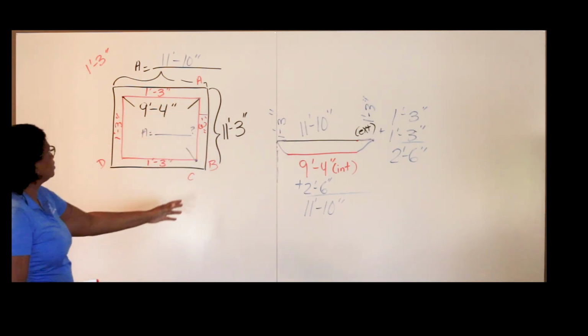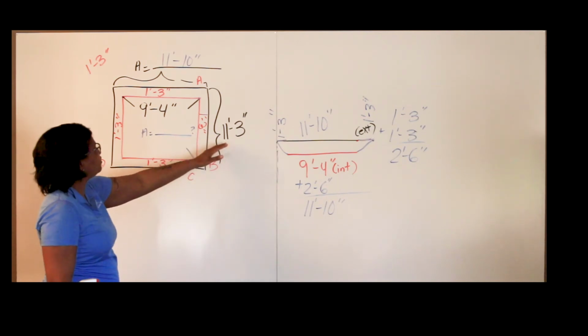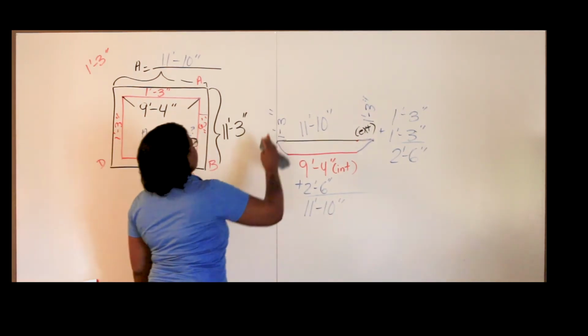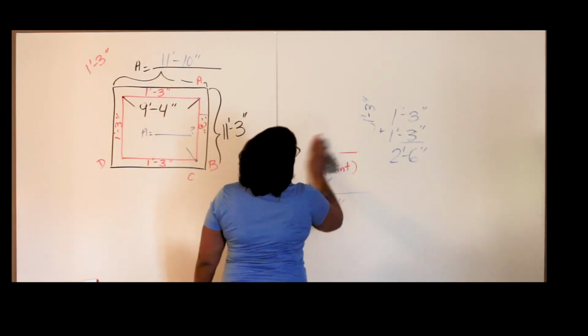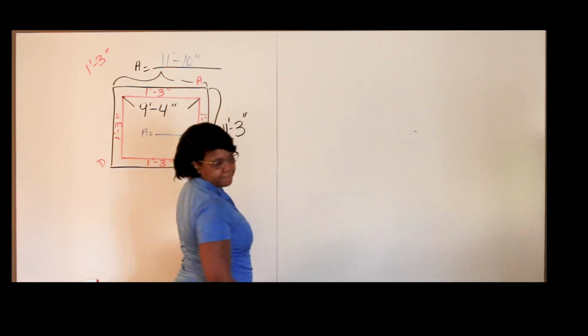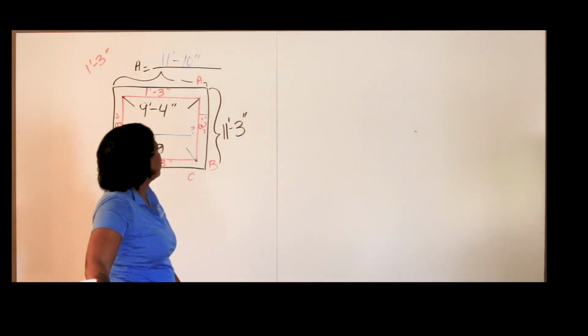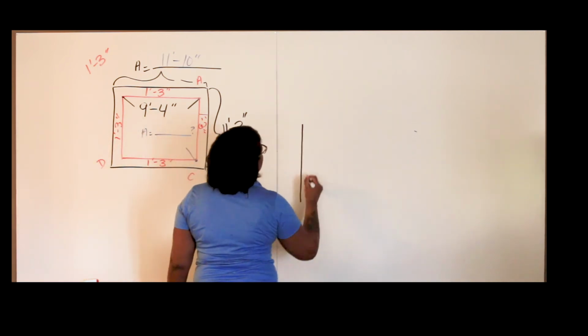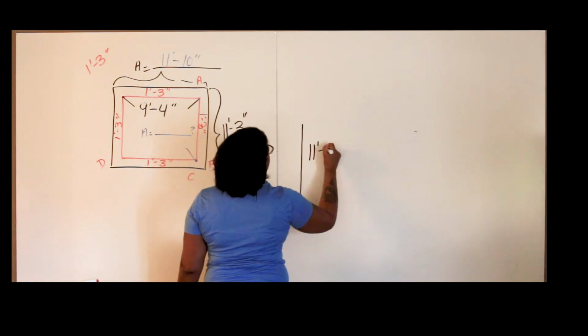So in order to find something smaller, we have to take that 11 feet 3 inches, and we have to take something away from it to make it shorter, to make it smaller. So let's do it. 11 feet 3 inches.